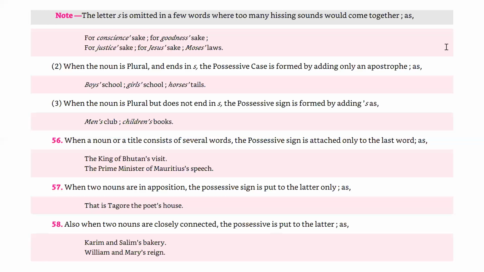Remember, when there is a single word like a boy, the apostrophe comes before the S, the boy's school.